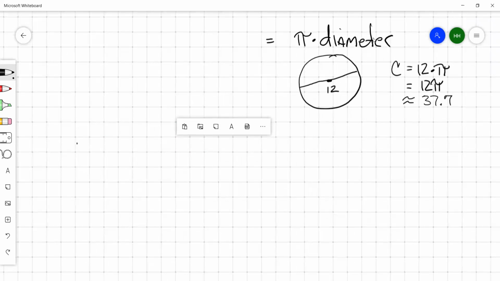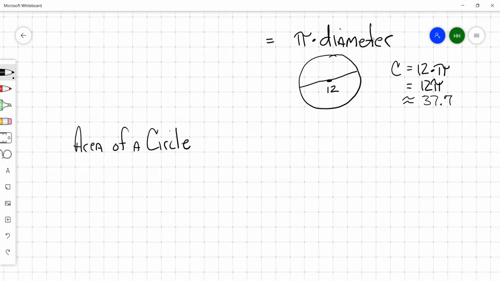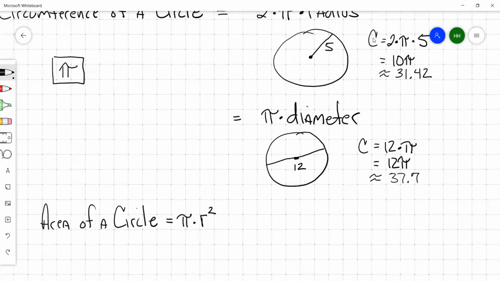Area of a circle is equal to pi times the radius squared. Very simple. So we're going to find the area of this first circle.